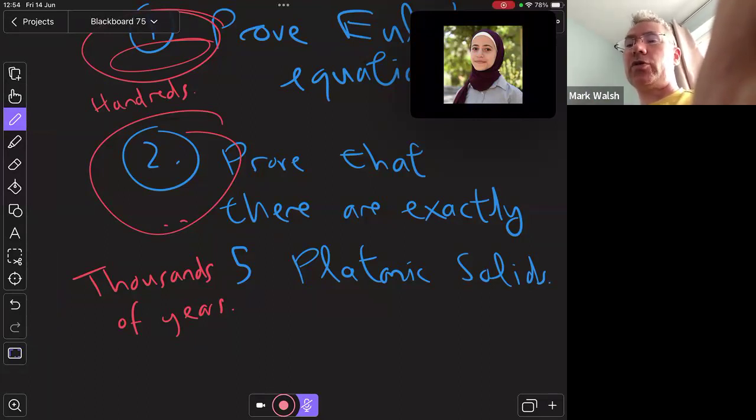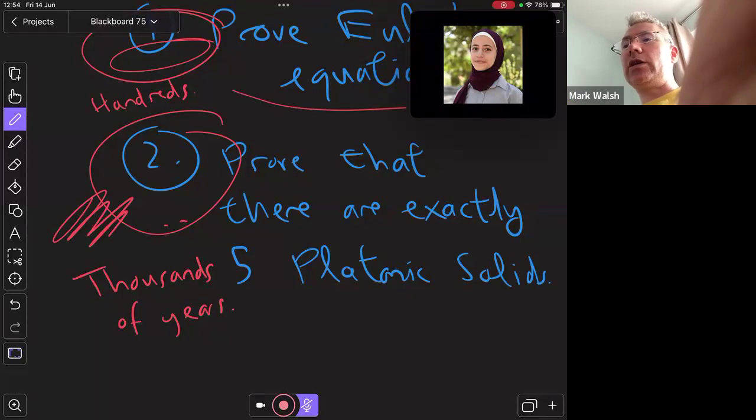There are other proofs available, and you can go online and find lots of different proofs of this second fact about the Platonic solids. But I think learning about Euler's equation would be very useful to you, and there are some nice geometric tricks in there that I think you'll appreciate. So I hope that's okay. We can start this proof next week.